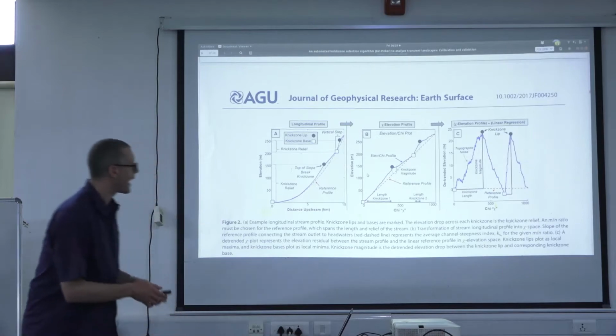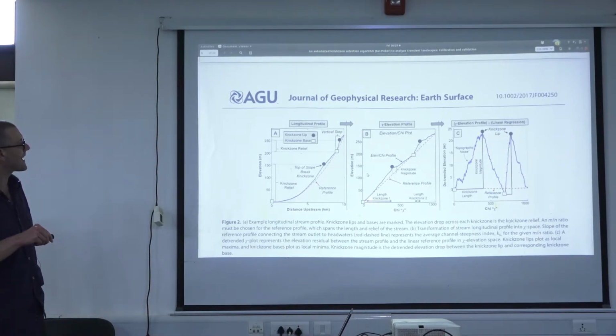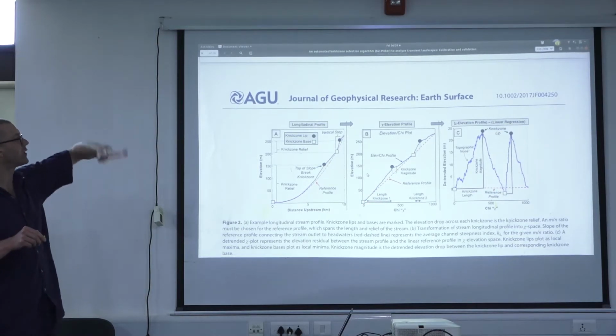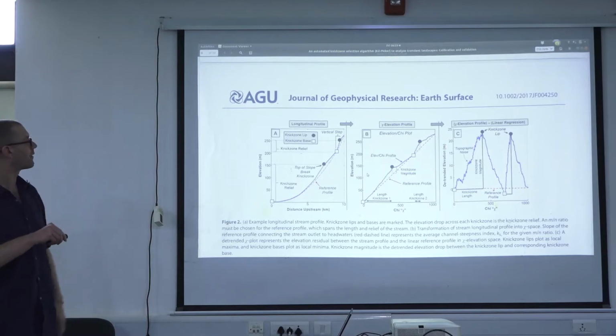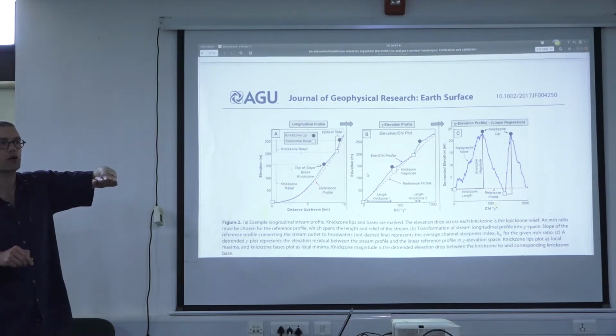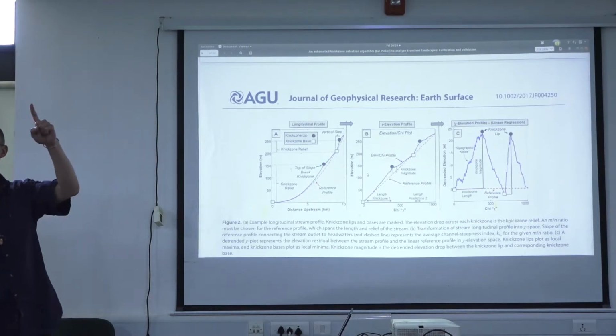So what we have done here, and other people have done this too, is take that reference profile and detrend the data. We take this line and rotate our river profile onto a straight line. So we are now looking at those ups and downs along that profile, but not along the slope.